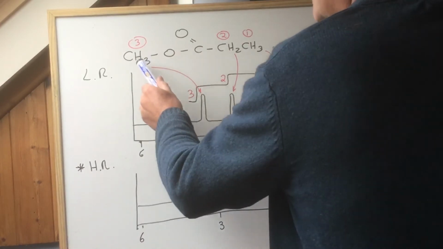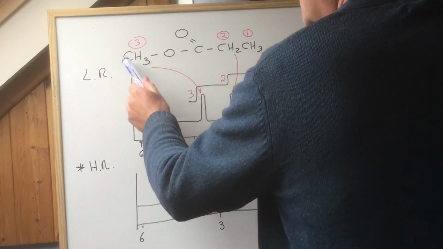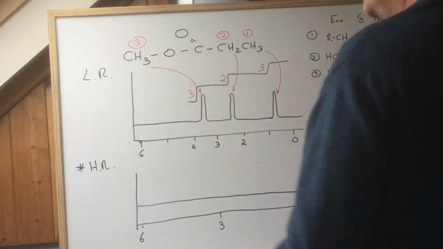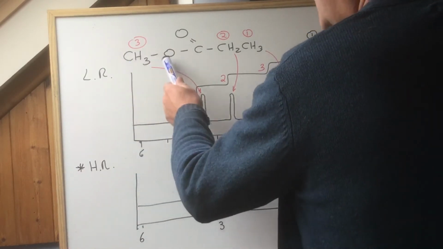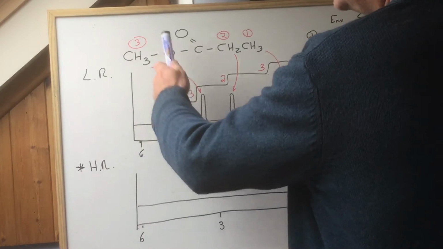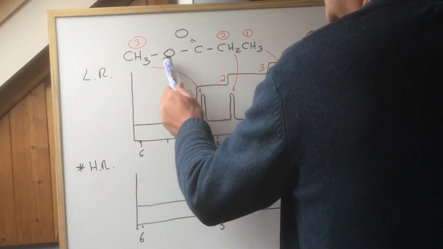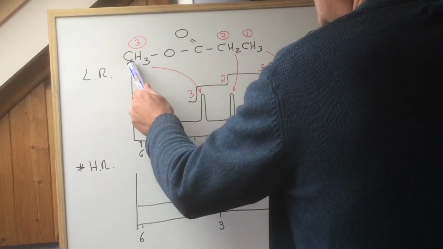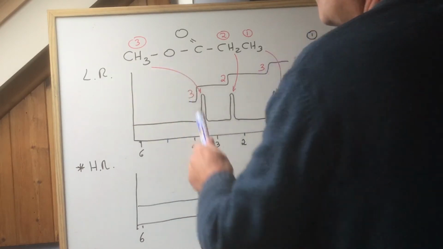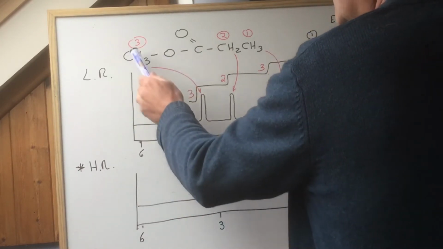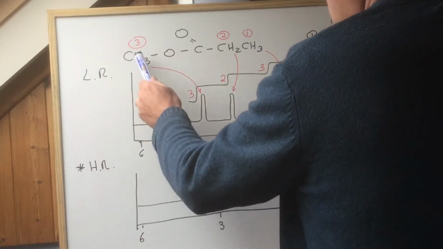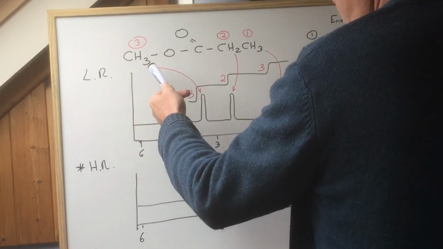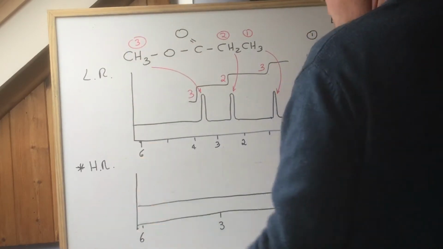Right, 3 protons on that carbon. Are they going to be split? Is there an adjacent carbon with protons on? Look adjacent? No, there most certainly isn't. Those 3 there are isolated. There is no adjacent carbon with protons on. They are not split.